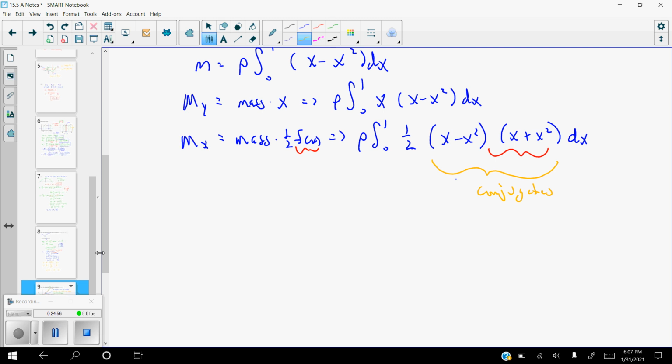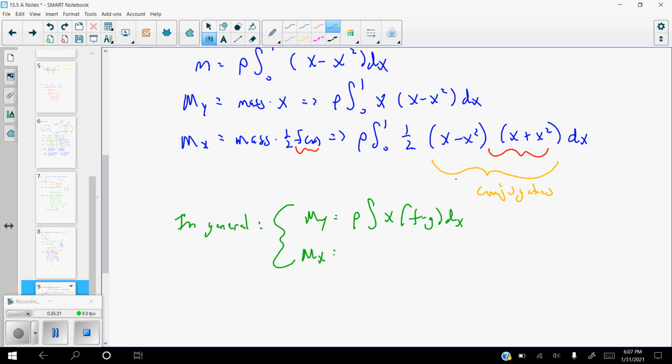So in general, and I'll kind of write this out so you can see it. In general, the moment of y is going to be rho times the integral of x times f minus g dx.